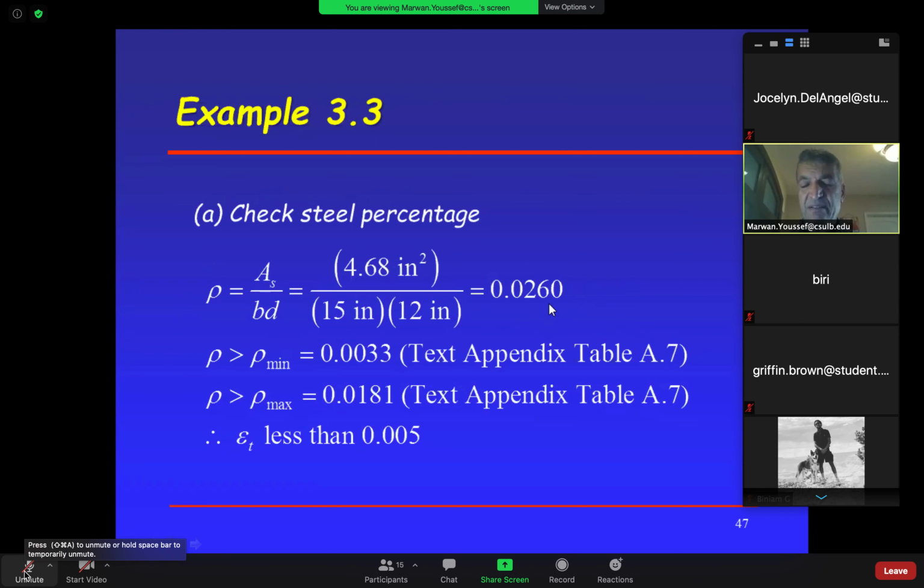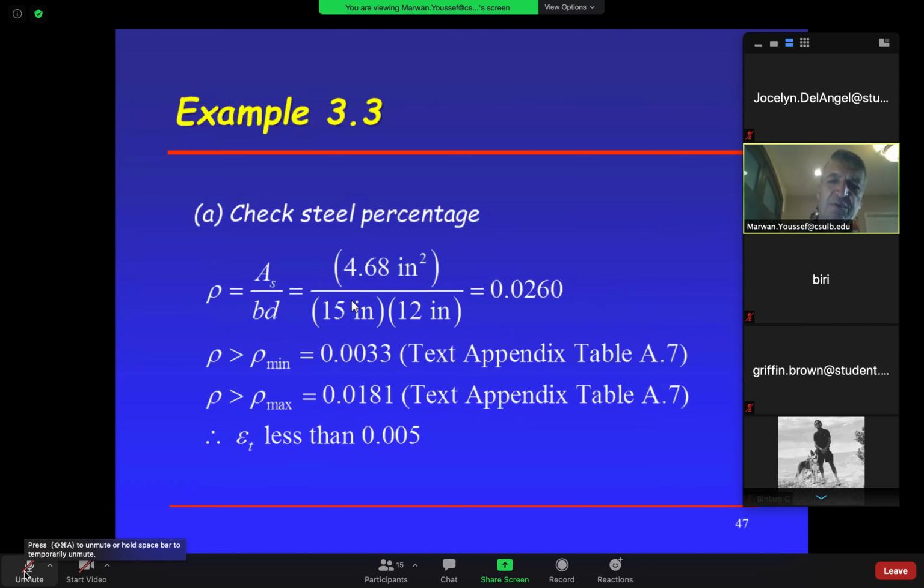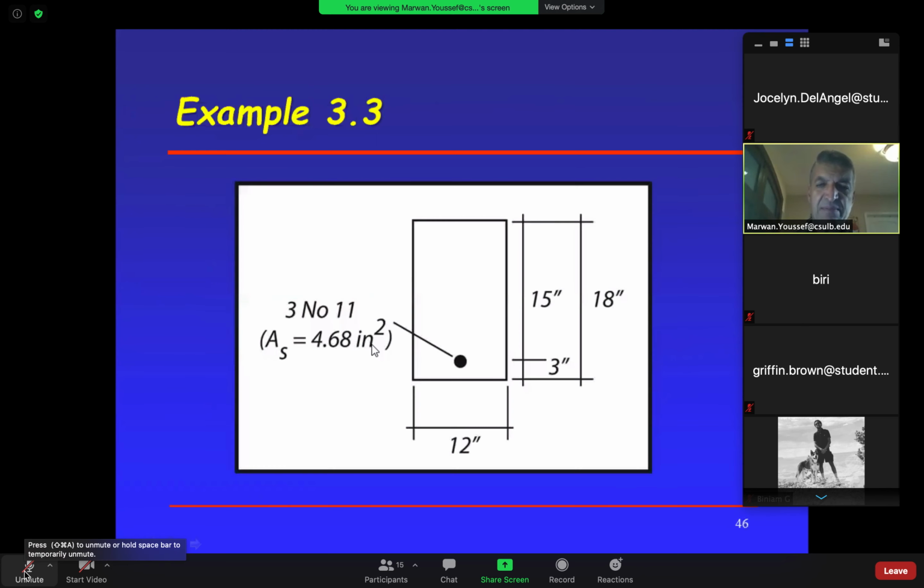If you multiply by 100, it is 2.6%, which really means in plain English, if I take this cross section, 2.6% of it is steel. The remaining 97.8% is concrete. That's really what it means. Now this is my actual rho, meaning that this is what I have in the beam.